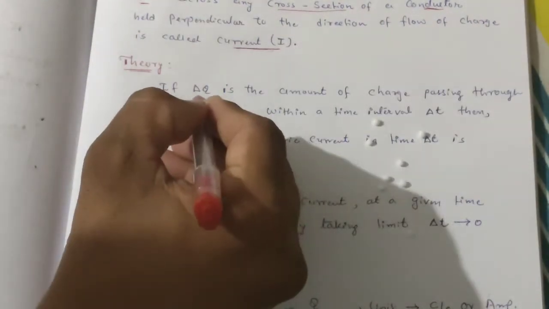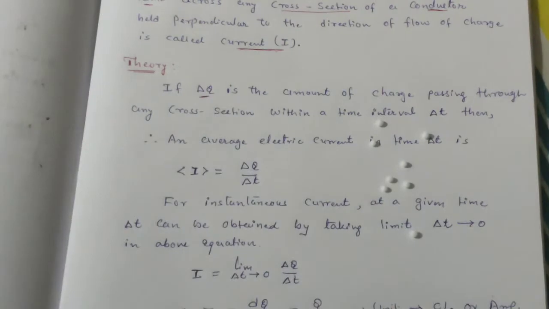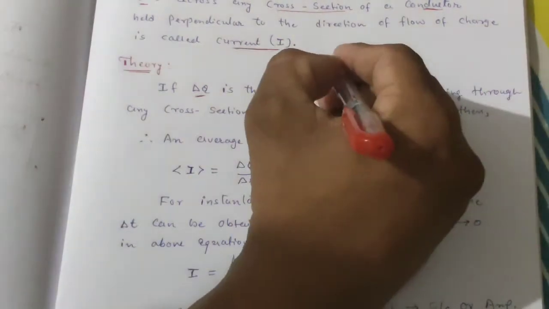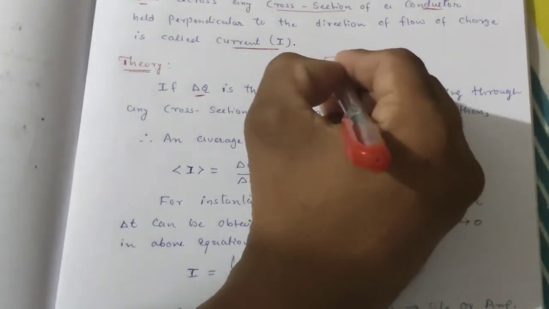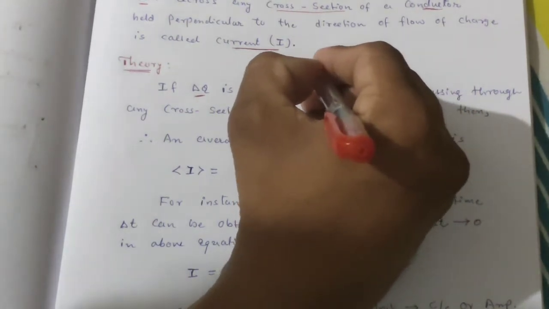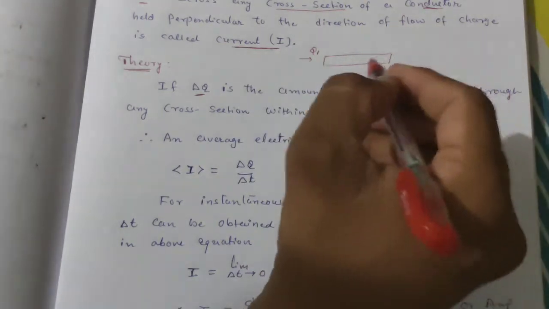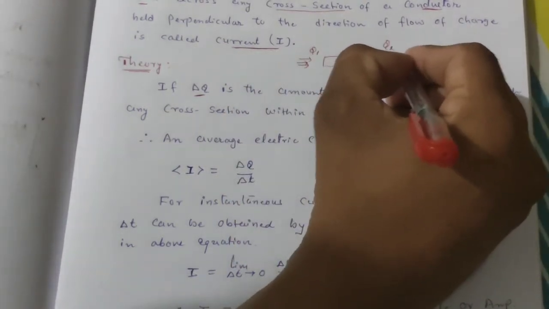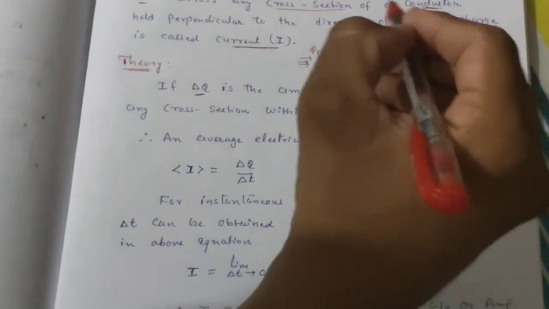Okay, now here we don't know the proper quantity, that's why we are taking delta q. Delta q means what? Let's see. Suppose this is a wire. Over here let us consider q1 amount of charge entering into the conductor and q2 amount of charge leaving through the conductor.